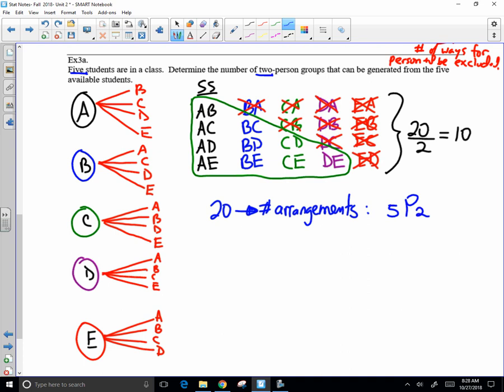You do it by hand or on the calculator, but that's going to give you the 20. So then I would want to be thinking about where the 2 came from. That's actually also a number of arrangements, but specifically of the 2 persons that make up the group.